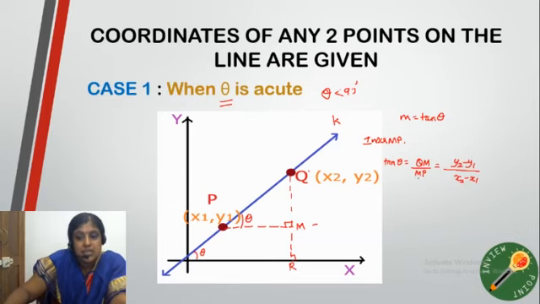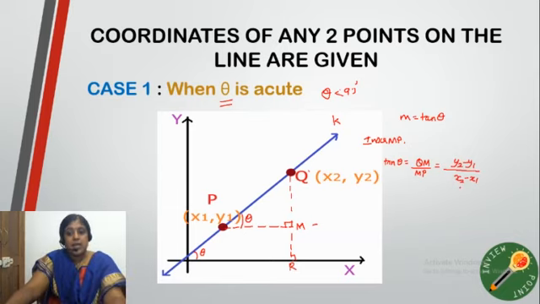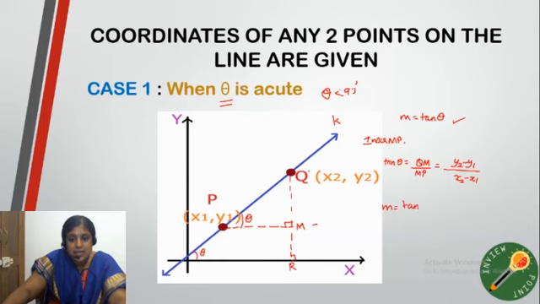So tan theta is equal to y2 minus y1 by x2 minus x1. What is tan theta? It is the slope. So we can write m is equal to tan theta, that is equal to y2 minus y1 by x2 minus x1. Is it clear, students?